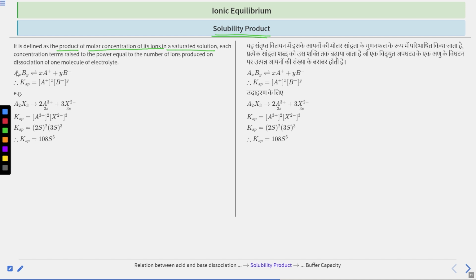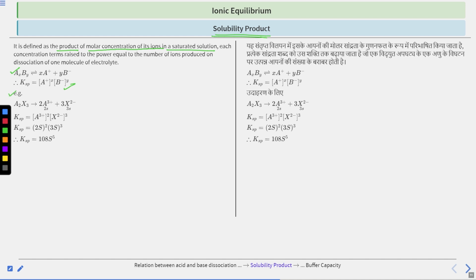For example, we have a molecule AxBy, where x and y are the numbers of atoms of A and B. It will dissociate into x of A positive plus y of B negative. Now, Ksp for this reaction will be [A+]^x [B-]^y, because x and y are the stoichiometric coefficients of A and B respectively.